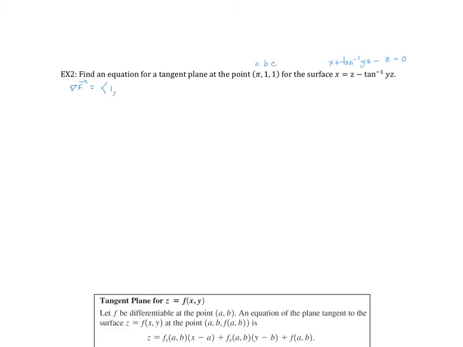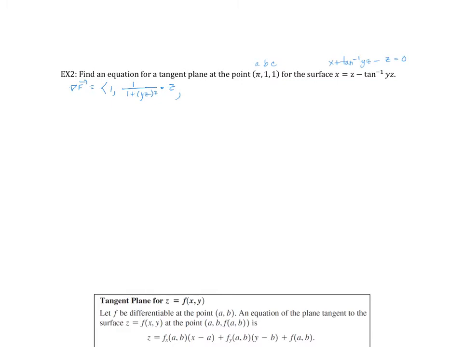Partial with respect to y would be the derivative of tangent inverse. So that's going to be 1 over 1 plus the argument yz squared. And then I would have to multiply it by the derivative of the argument with respect to y, which would be z.